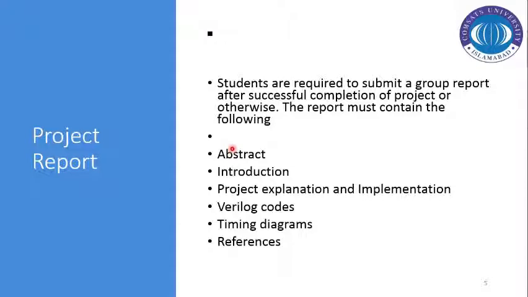Then they have to consider the block diagrams or logic diagrams that are required. Once they have identified the interconnections required between the modules and how many modules are required to implement that project, the next step is to design those modules separately, and at the end integrate all the modules so that the project can work properly.